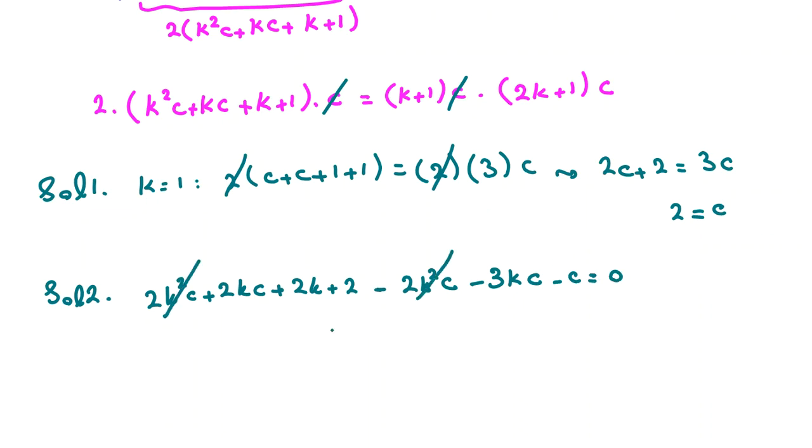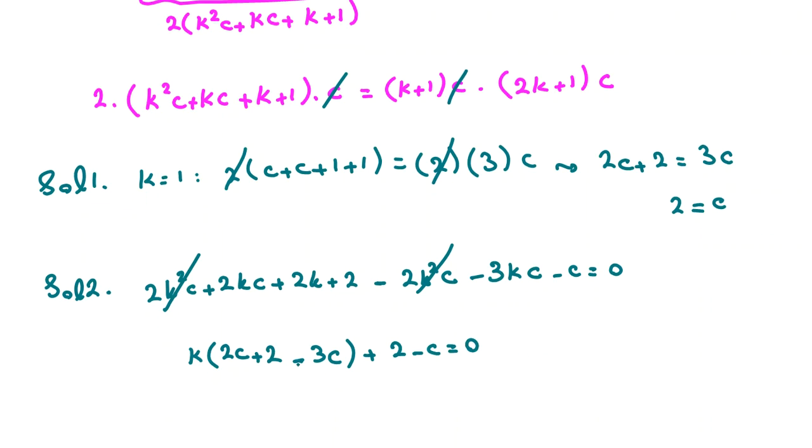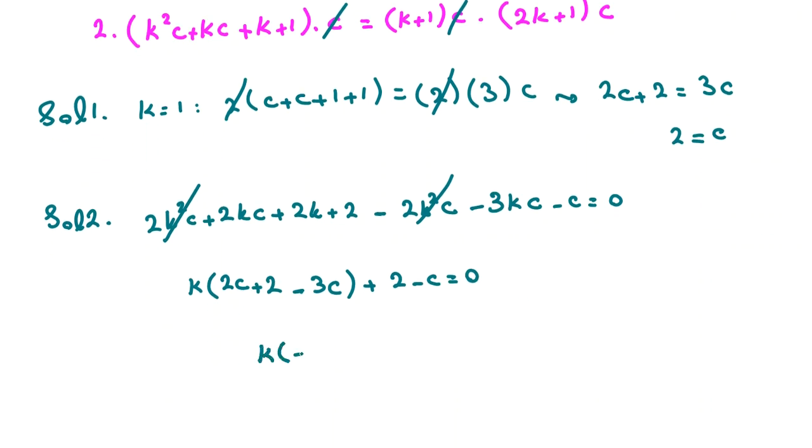Now we cancel this, and the coefficient of k will be what? 2c plus 2 minus 3c, plus 2 minus c equal to 0. Now it is a polynomial. Here it will be what? K times (2 minus c) plus (2 minus c). It is a polynomial with degree 1 in terms of k. So for infinitely many k, it is 0, but we have at most one root if the coefficients are not all 0.